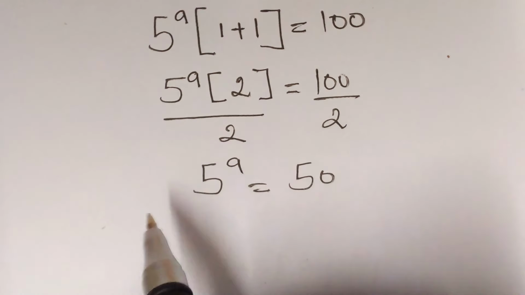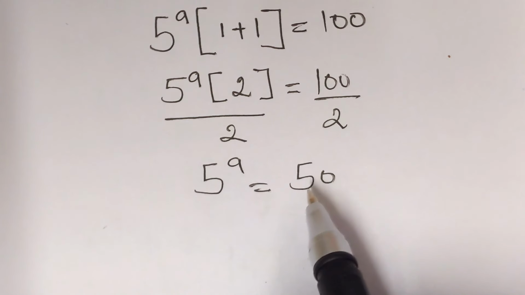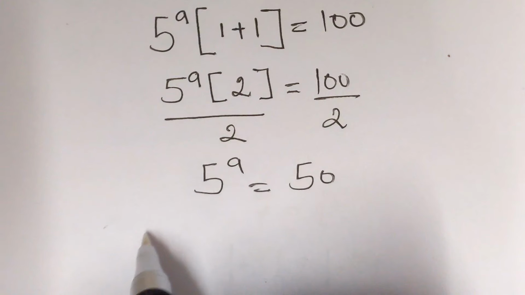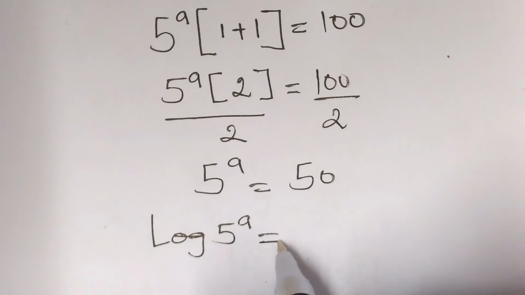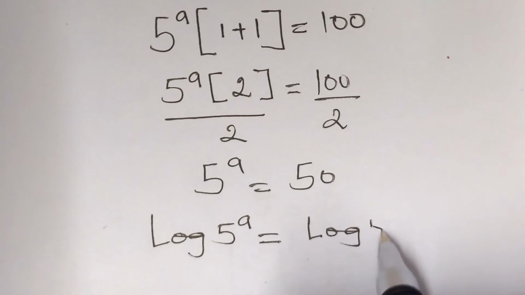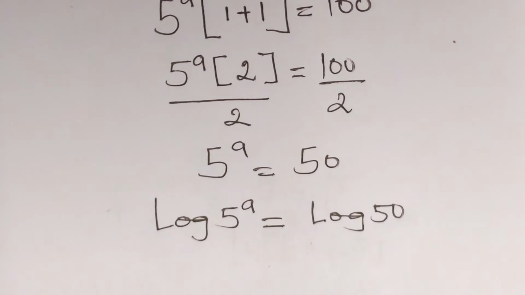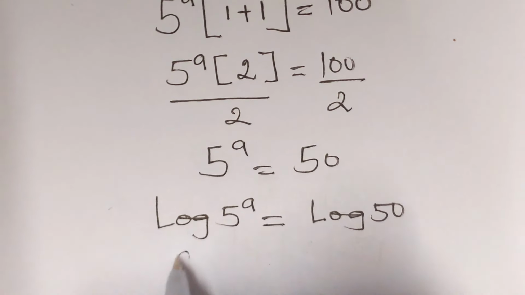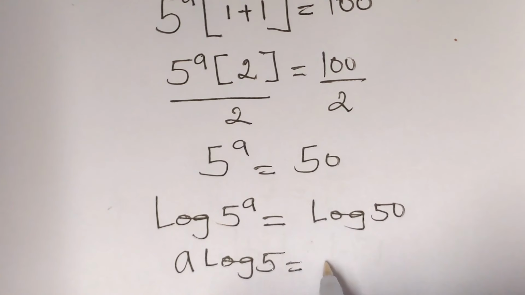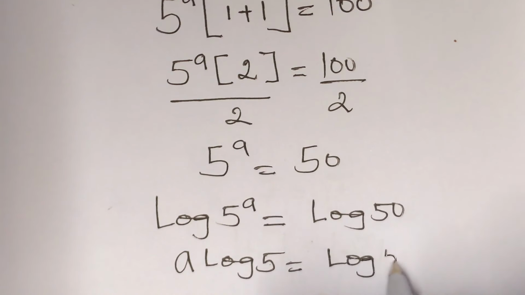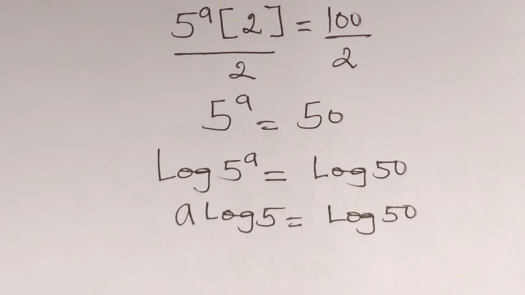Then at this stage we can apply logarithm on both sides to get logarithm of 5 power a equals to logarithm of 50, and here a logarithm of 5 is equal to logarithm of 50.